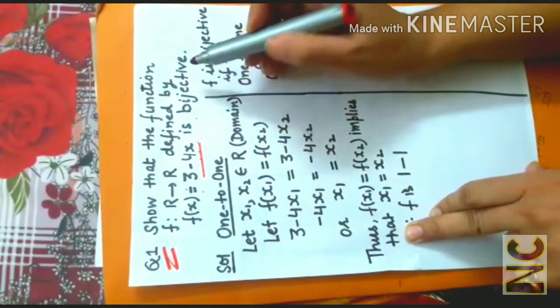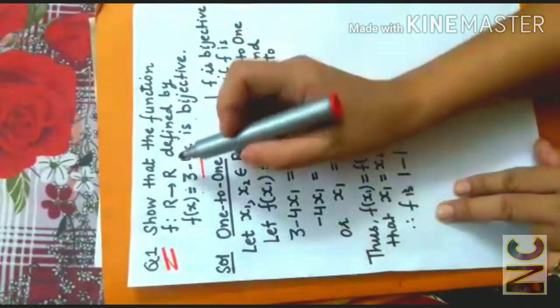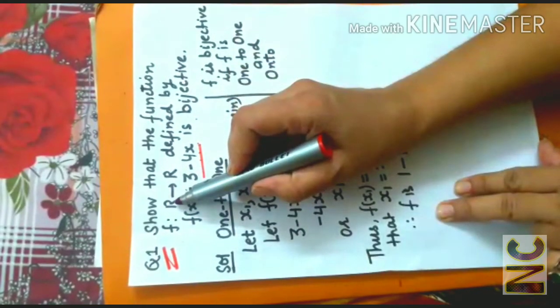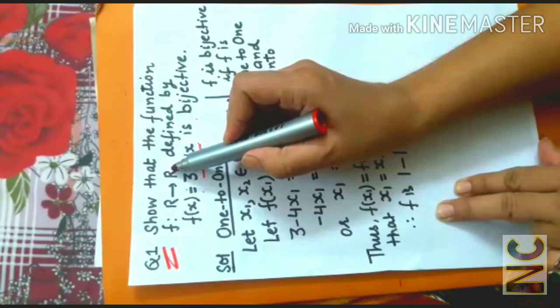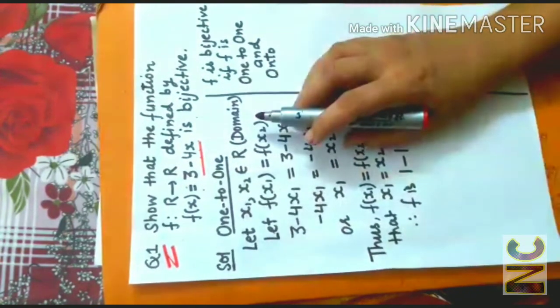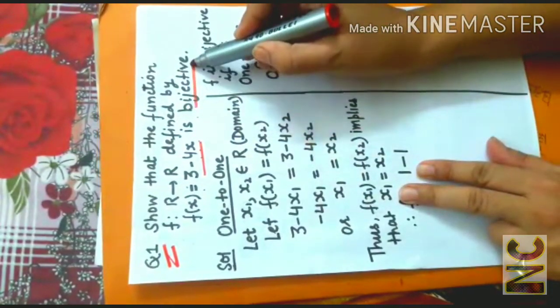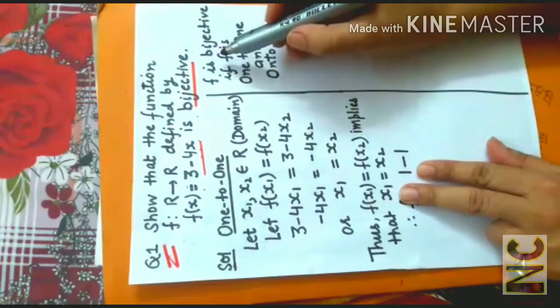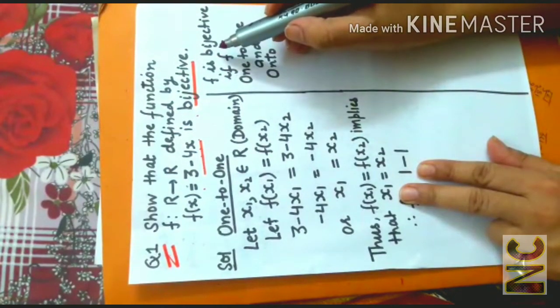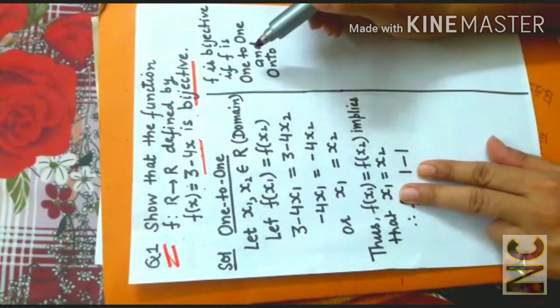a bijective function. And here the domain of the function is R, that is the set of real numbers, and the codomain is also the set of real numbers. Now I have to show that this function is a bijective function. Just recall the definition of a bijective function.